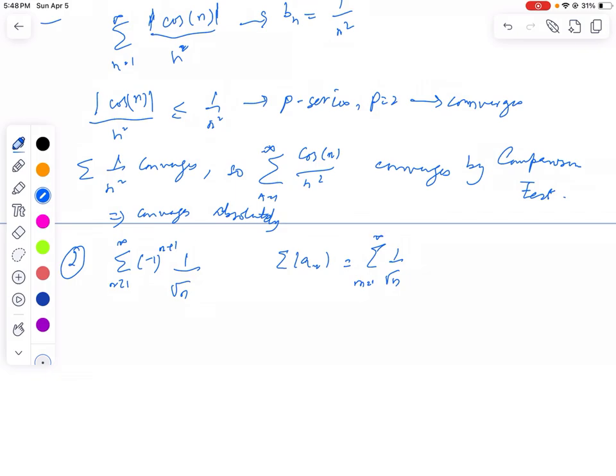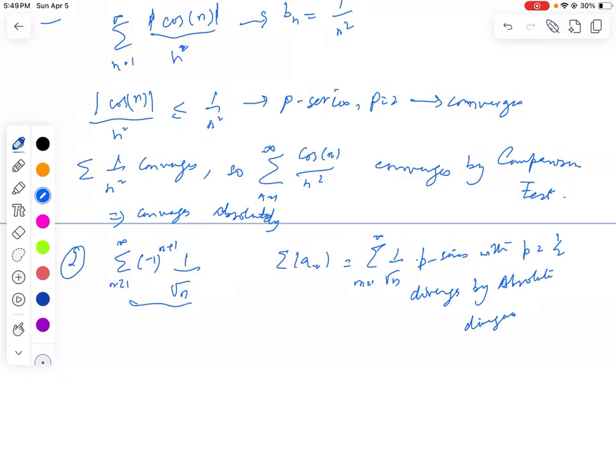This diverges, because this is a p series with p equal to 1/2. So it diverges.